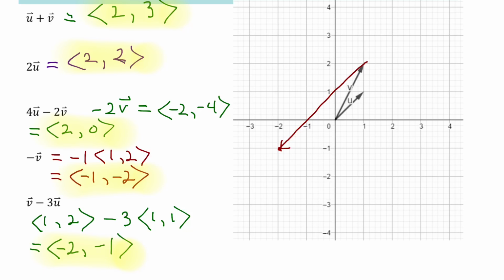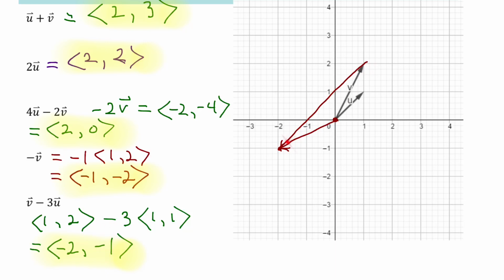So now my resultant vector V minus 3U has to start at the tail end of V and end at the tip end of negative 3U. So if I look at how that compares with the one I did mathematically, I can see I've gone negative 2 in the x, which matches this, and negative 1 in the y, which matches this.